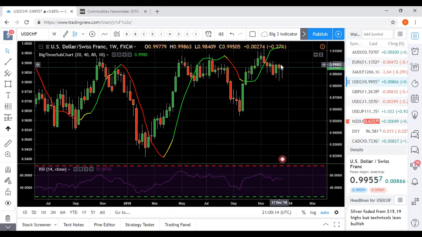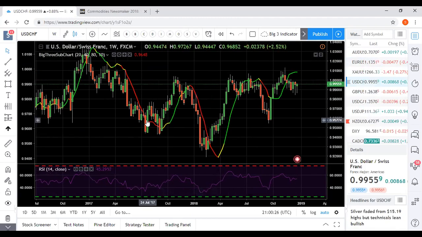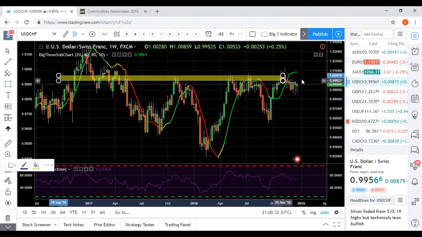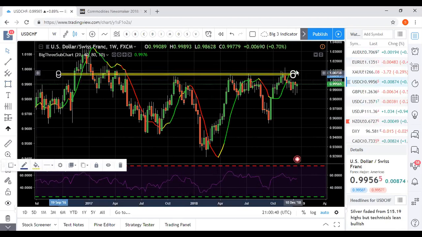Look at this, right? You have two hammers there, which is potentially showing that this may go back up roughly to this region again and hit its resistance, which is very, very strong resistance around this region here. So if I draw the rectangular region here, this is where the resistance is, over the 1.02 region, or even slightly higher.